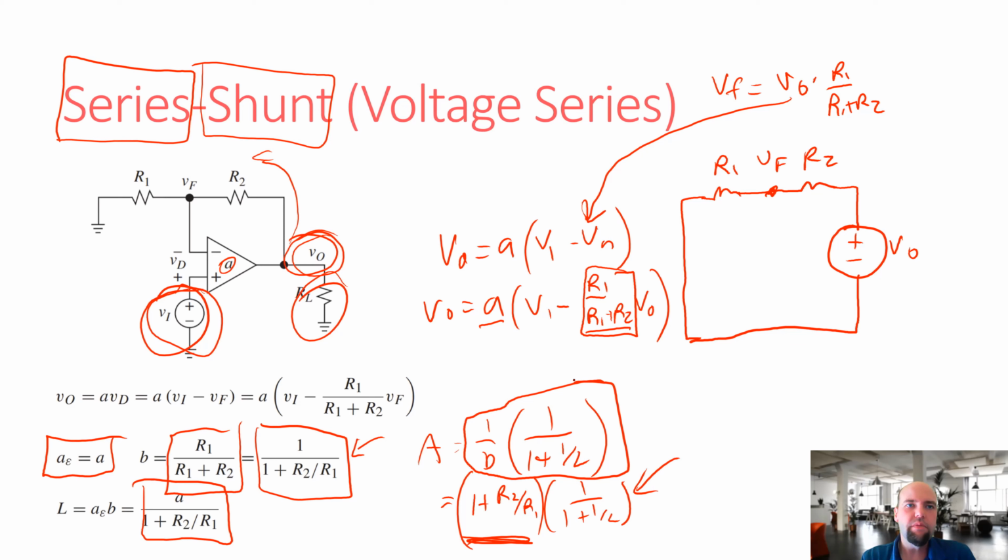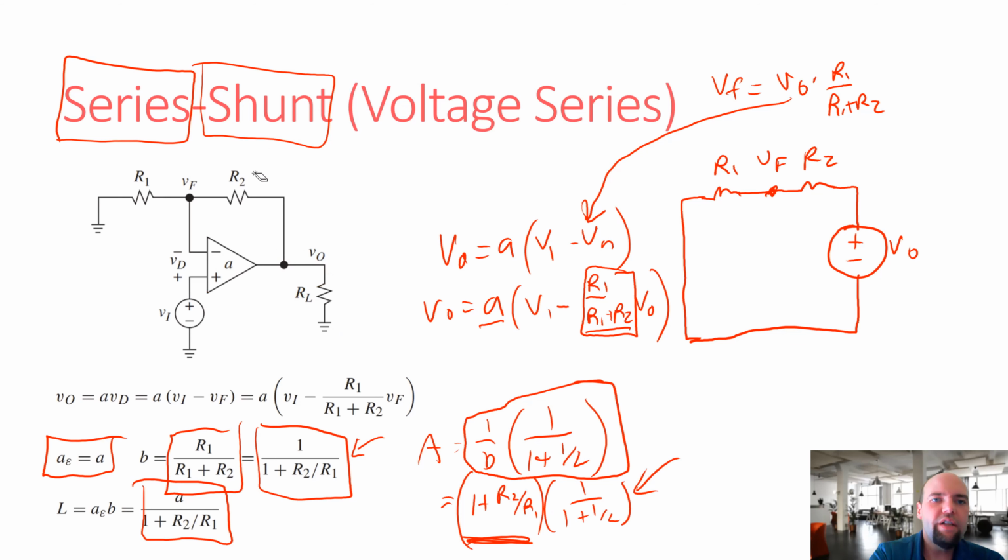So, okay, now this topology measured the output in shunt, combined in series. Now, what does this combined in series mean? Well, keep in mind the input was connected to one terminal of this amplifier. The feedback was connected to the other terminal of the amplifier. What do op amps do?